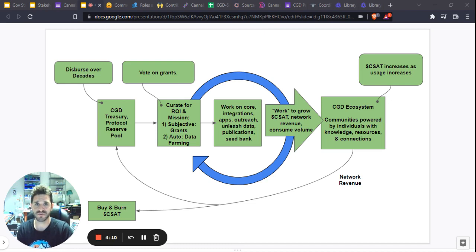That positive sum interaction essentially allows us to create a sustainable system.